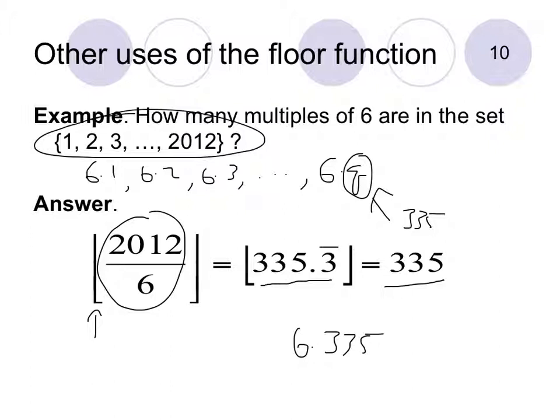So since the multiples of 6 run from 6 times 1, 6 times 2, 6 times 3, up to 6 times 335, the answer is there are 335 multiples of 6 in that set. So this really is the same calculation we did before when we found the quotient only of the division 2012 divided by 6.